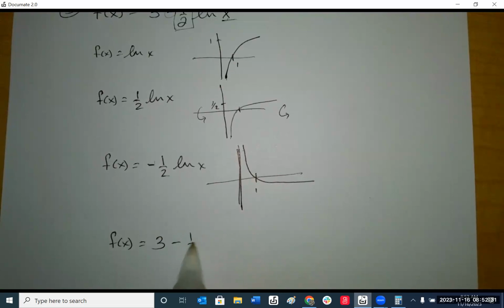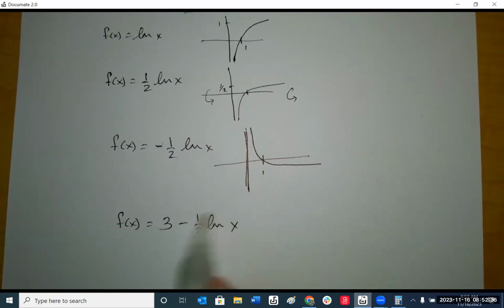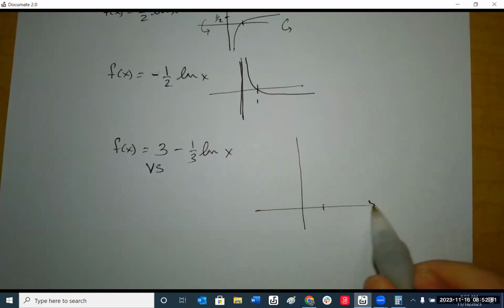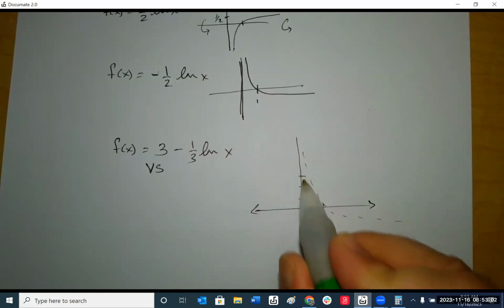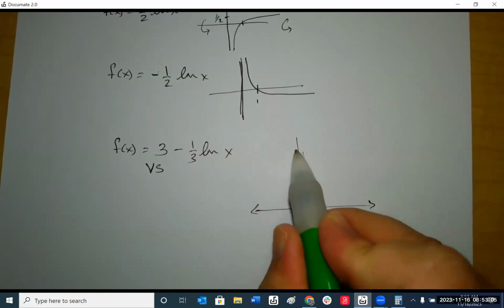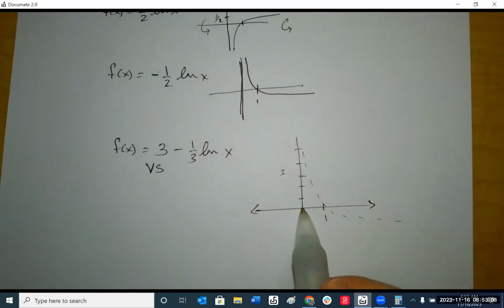And then we have a positive 3 in front of that. Since the 3 is not related to x in any way, shape, or form, this is a vertical shift. It's positive, so we go up 3 spaces. This is our original x-axis. The graph originally went like this. So now my origin goes up 1, 2, 3 spaces.